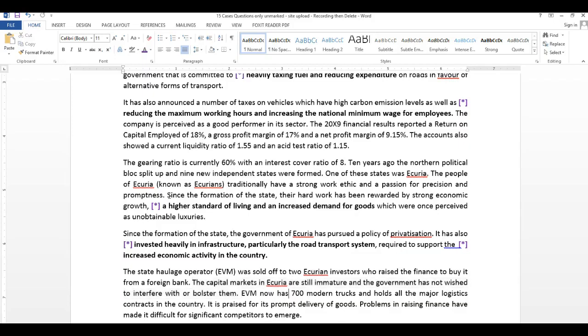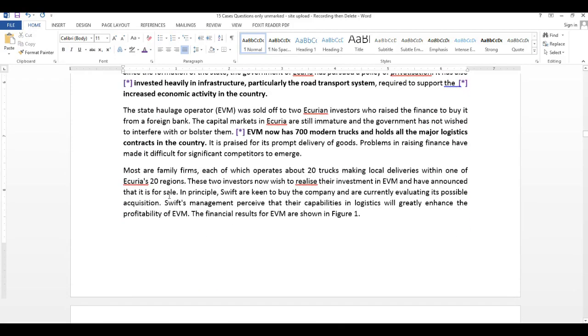EVM has now, this is an important point, 700 modern trucks and holds all the major logistics contracts in the country. This seems to be a very important point because Swift is going to take over EVM. If they take over EVM, these trucks come under Swift's control. It is praised for prompt delivery, and problems in raising finance have made it difficult for significant competitors to emerge.